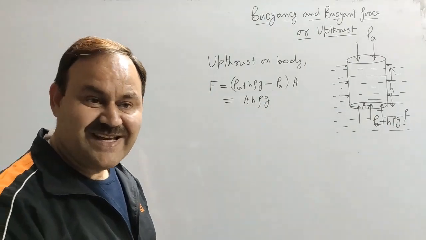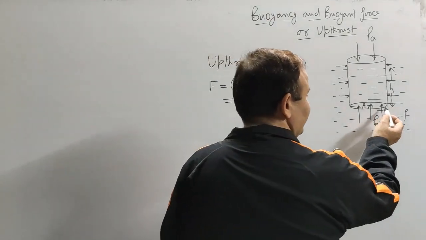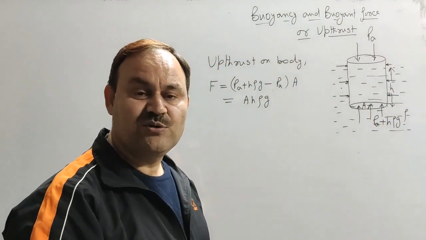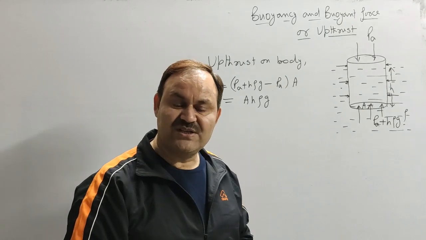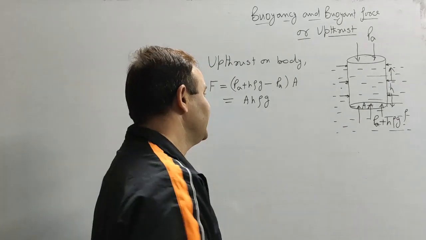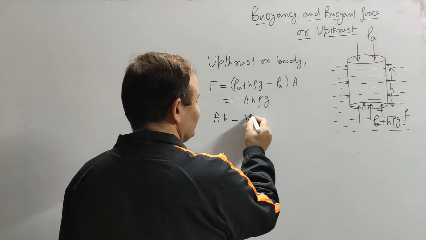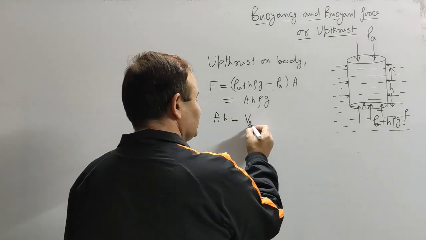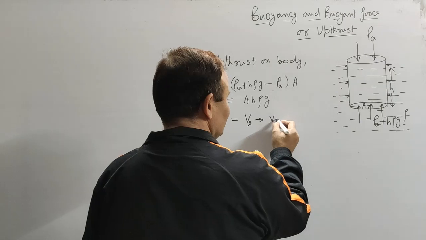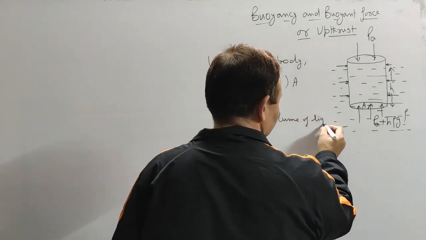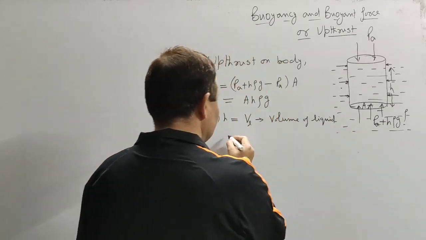Now, what is AH here? A into H will give us the volume of liquid displaced by the body. It means AH is equal to VL, that is, the volume of liquid displaced by the body.